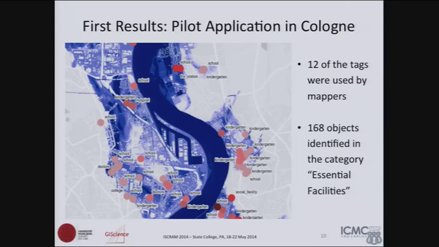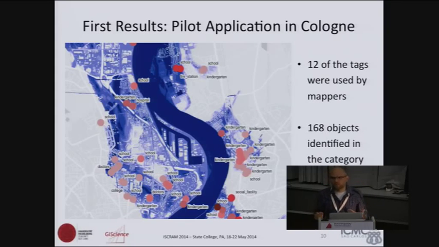So 168. This was an initial result, already very promising, and we are also in contact with stakeholders from the flood management department of Cologne in order to validate this.